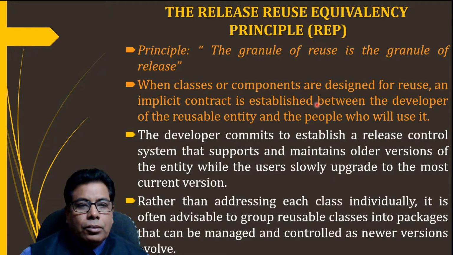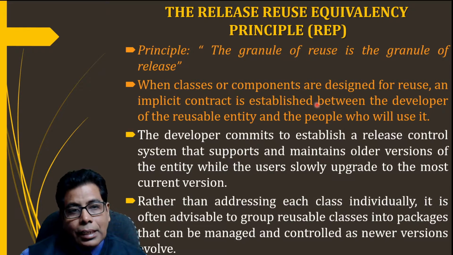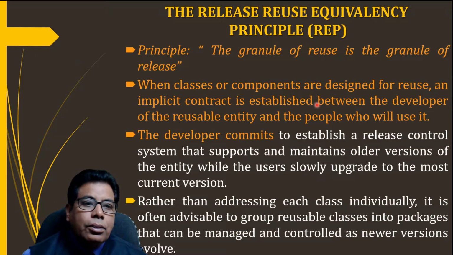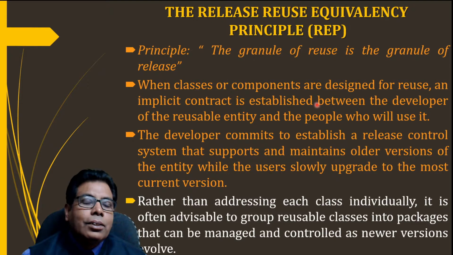So when classes or components are designed for reuse, and you are going to use them again, at that time a contract is established between the developer and the reusable entity, that is the class or component, and the people who will use it. The developer commits to establish a release control system that supports and maintains older versions of the entity while the user slowly upgrades to the most current version.